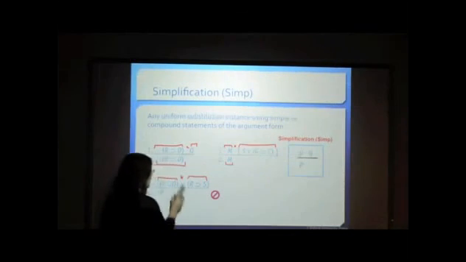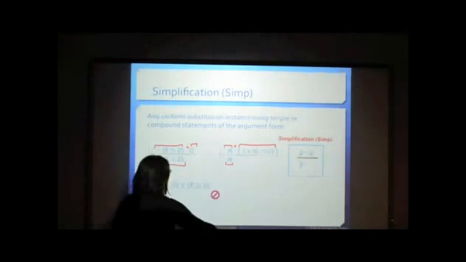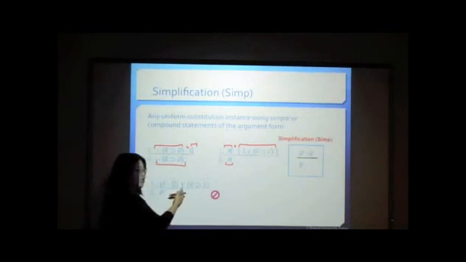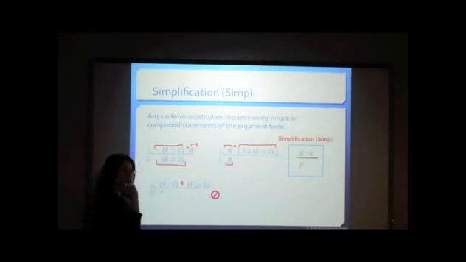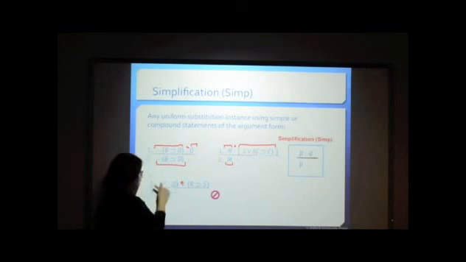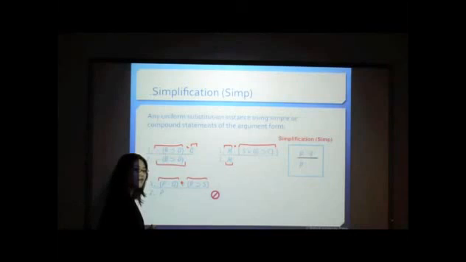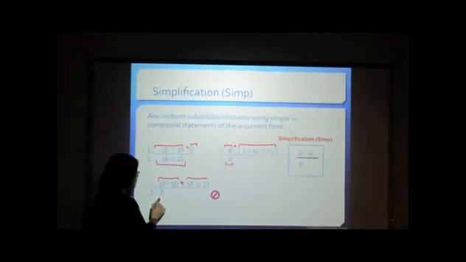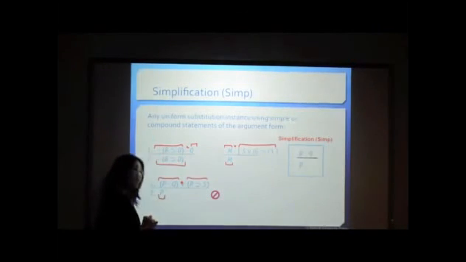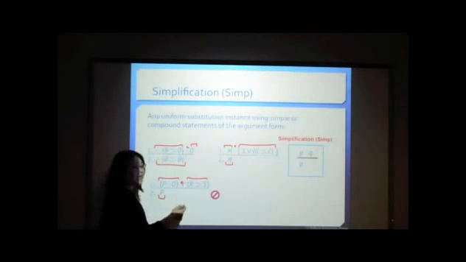Now let's say that instead of the disjunction, this was actually a conjunction, a dot. Which means that here you would have a conjunction of P dot Q and R horseshoe S. Even if this change was made, this would still not be an example of simplification because the conclusion is P. It is not one of the conjuncts that makes up the conjunction.